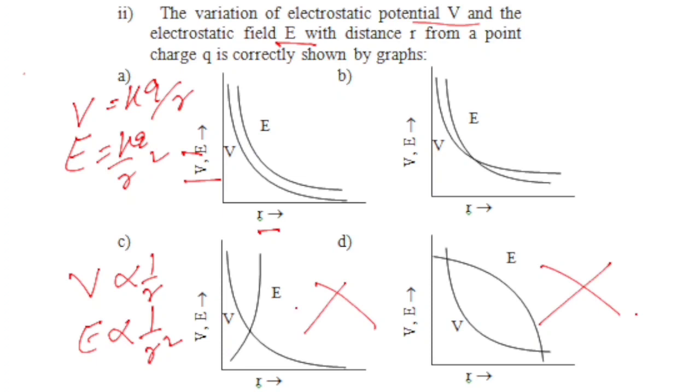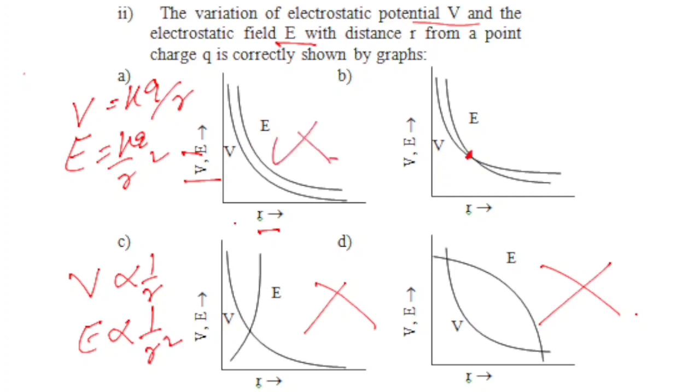Now, come to A and B. In A and B, here also E decreases with R and V decreases with R, and in the second one also E and V decrease with R. But which option is correct? Suppose R equal to 1 centimeter, at one point both V and E coincide, and in this graph they coincide at one point only. So this graph is also wrong.